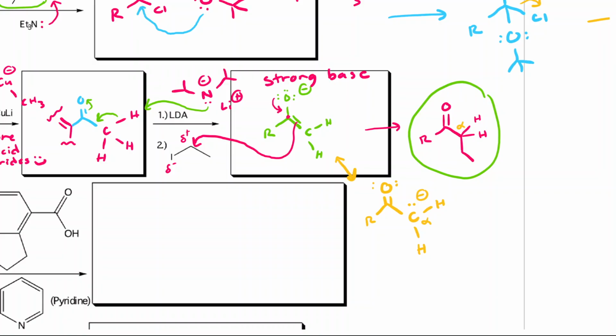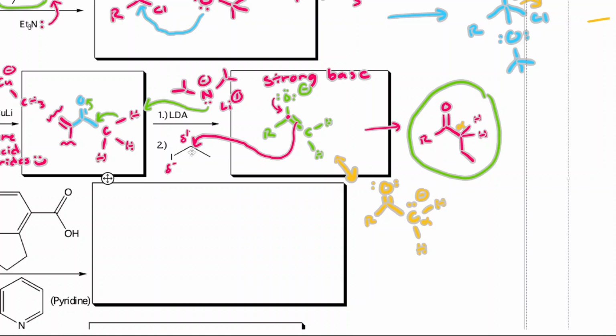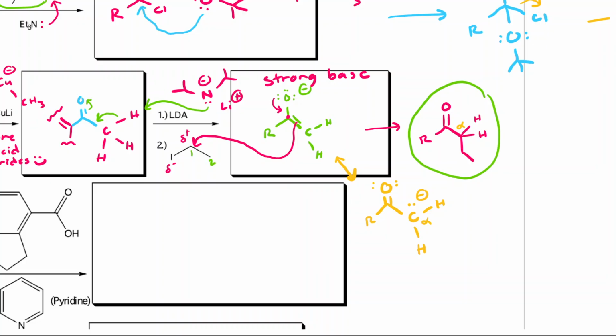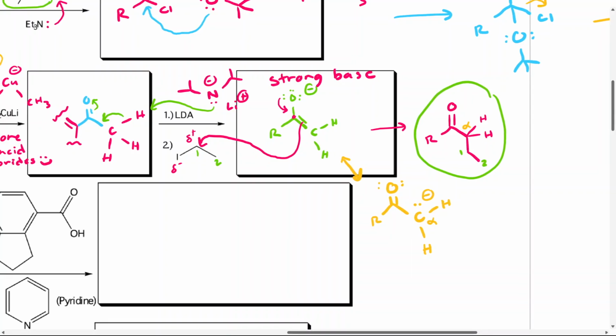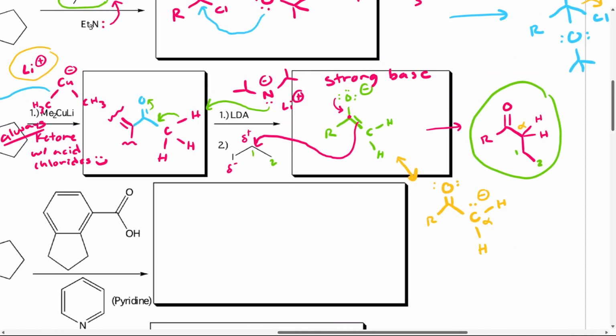So the ethyl iodine, or whichever molecule, is going to add into the sterically hindered side, taking the place of the hydrogen that was lost. And that's how you solve that one.